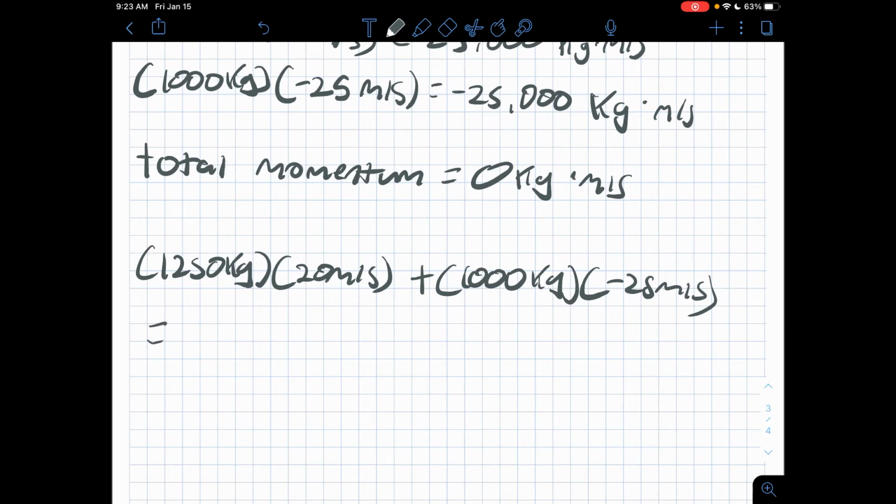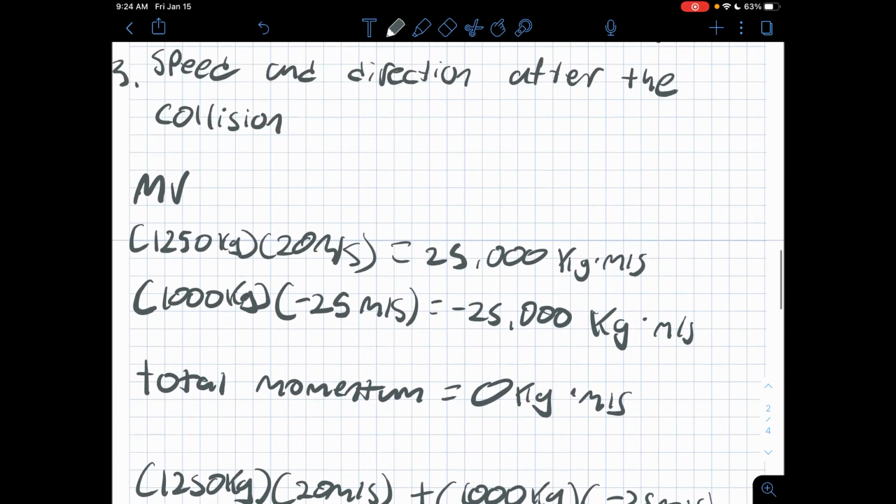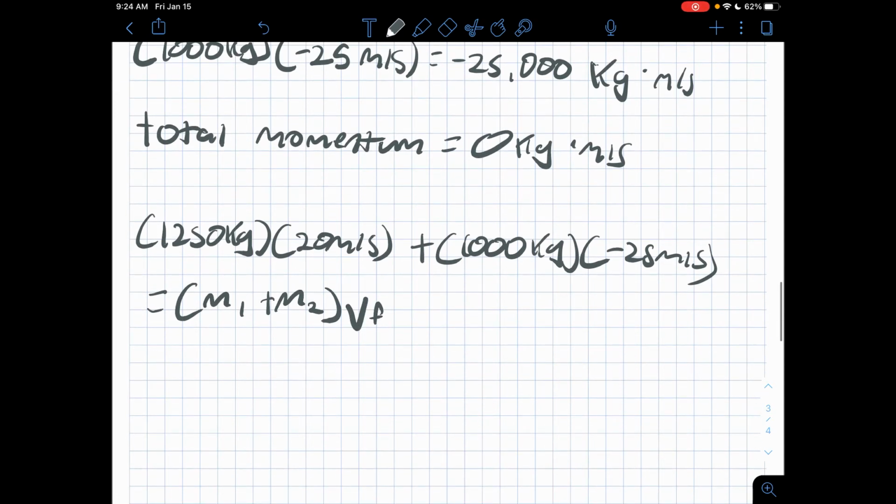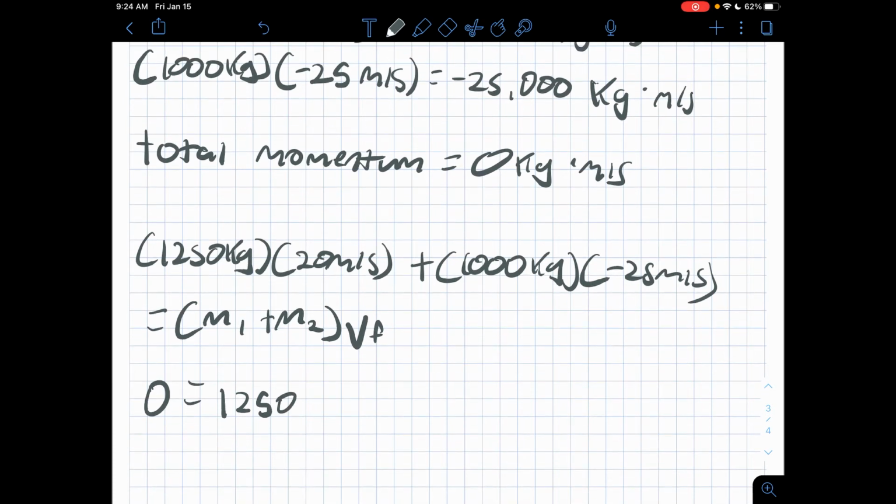And then as we know, that equals 0, but that also is equal to the two masses, m1 plus m2, times the velocity final. So we know the first one is 0 and equals 1250 plus 1,000 times velocity final.